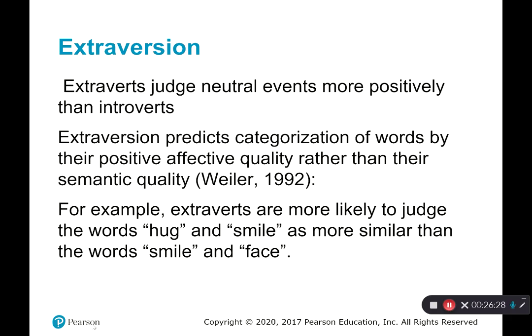On someone's face. Clearly, they're strongly overlapping categories, but emotionally, smile and hug are closely related because both of them suggest happiness and affection, and that's where extroverts' minds are. That really illustrates the power of positive affect in the mind of an extrovert.